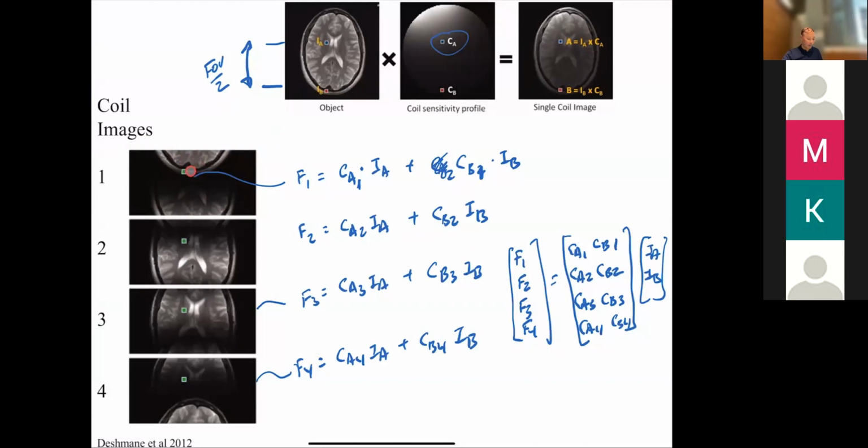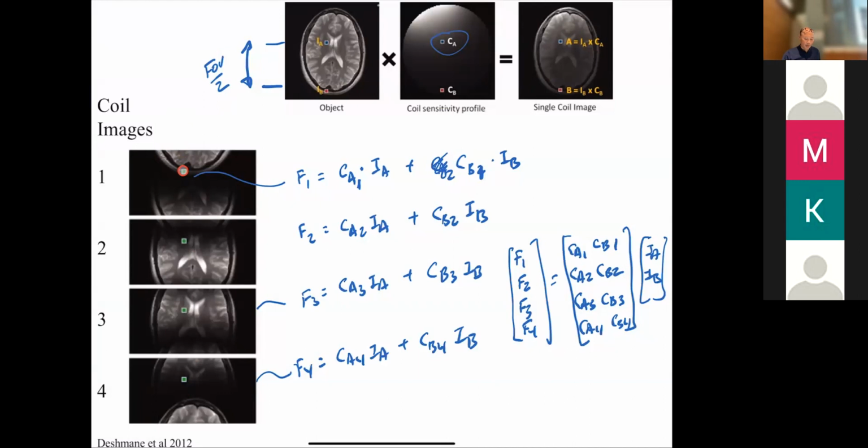So F1, F2, F3, and F4 are all the same voxel, and they're just the value for that coil. F1 means coil 1 measures that signal, coil 2 measures that signal, coil 3 measures that signal, coil 4 as well. And each of these is aliased, right? So you have two things on top of each other. The unaliasing is how you tease that apart.